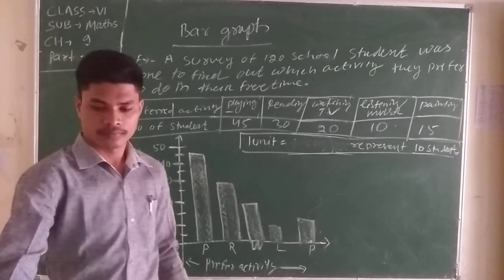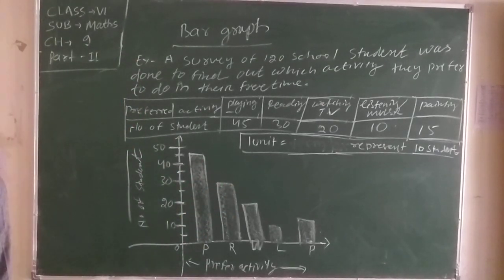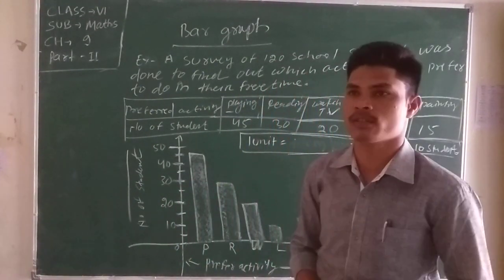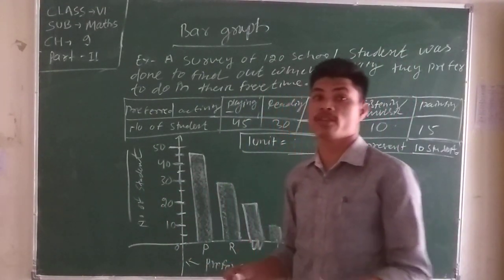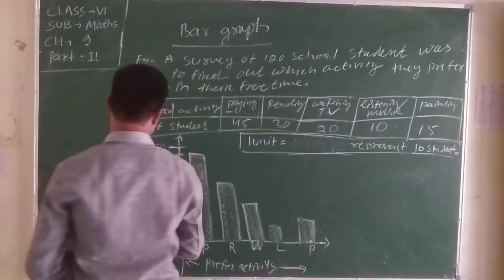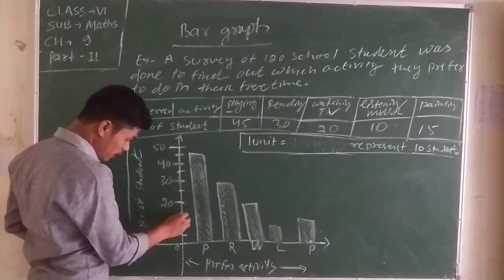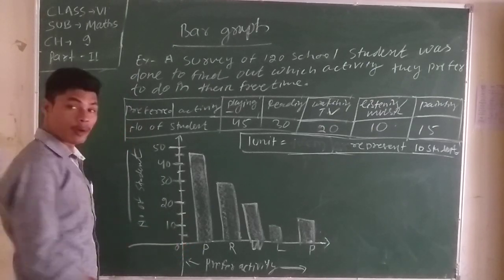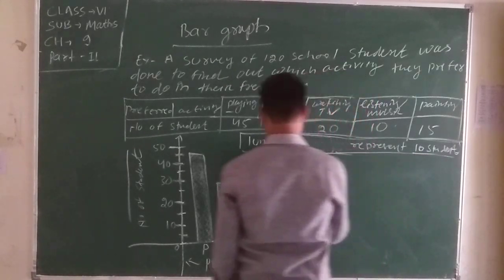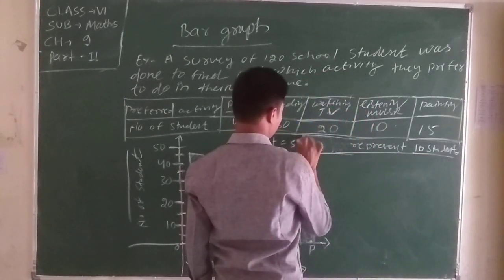Now, students. Then we learn the words today: pictographs, bar graph, how to represent pictographs and bar graphs, and how a bar graph represents data. Also, if a question is there, you can solve it. If we take the tens, the half of a unit is 5, and you can also write 5 students.